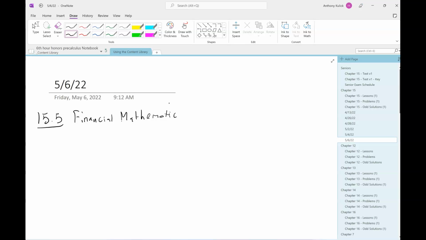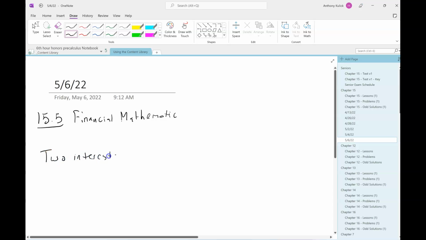When we talk about financial stuff in mathematics, primarily we're going to be interested in interest. When I say interest, does that mean stuff that fascinates you? No, Mr. Kulik. We're talking about interest in regard to banking stuff, right? Money, yeah.